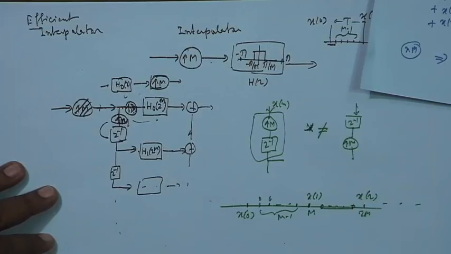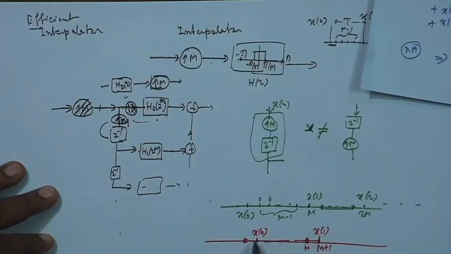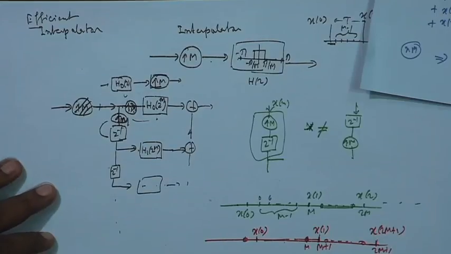Then if I delay it by 1, I will have a 0 coming from the left, x 0 will move here, then at the mth point also I will have 0, then at the m plus 1th point I will have x 1, then again 0 0 0, at the 2mth point also 0, then at 2m plus 1 I will have x 2, dot dot dot.